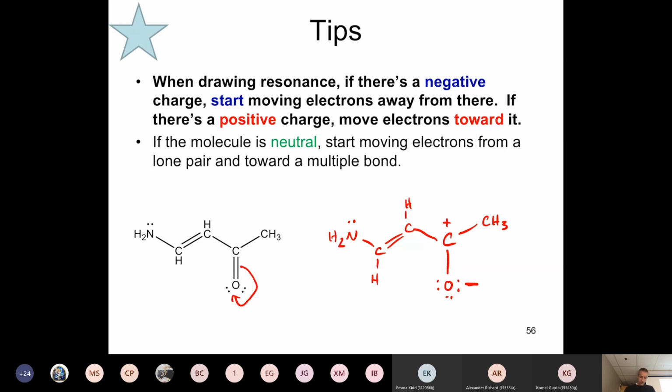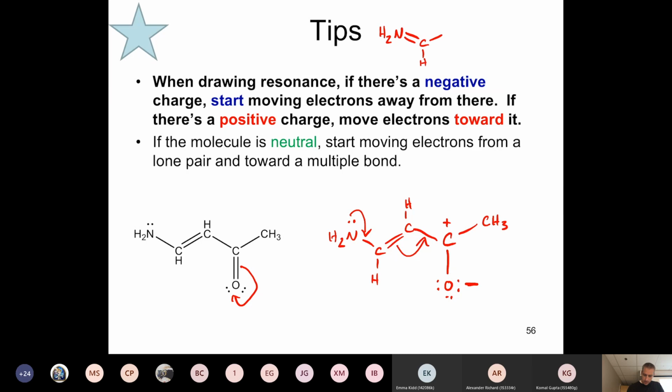Well, what we could do is take this bond and move it over between those 2 carbons, right? A pi bond, you can move just one space over like that. And then you can have a carbon-carbon double bond, and we can take our lone pair off the nitrogen down like this. I didn't leave myself a lot of space, but that would give you H2N double bond now to carbon, hydrogen.